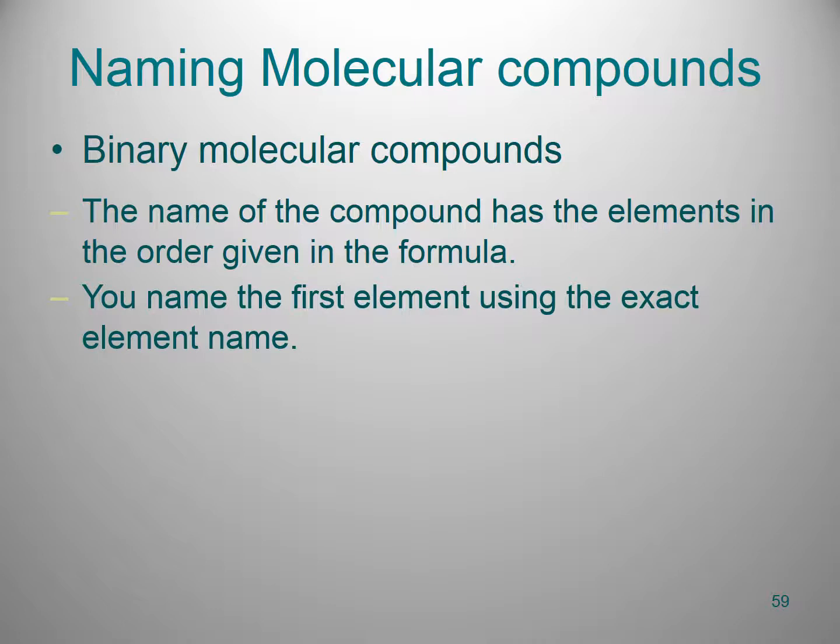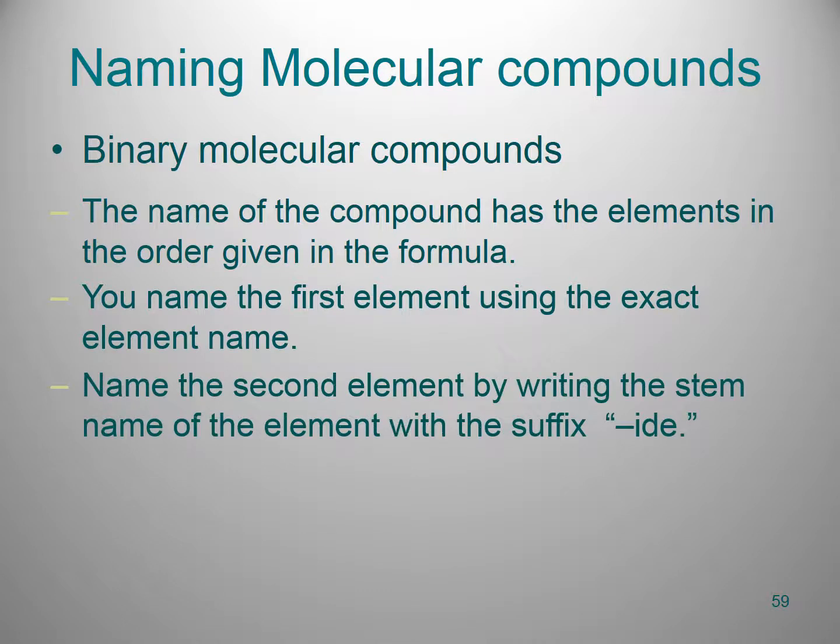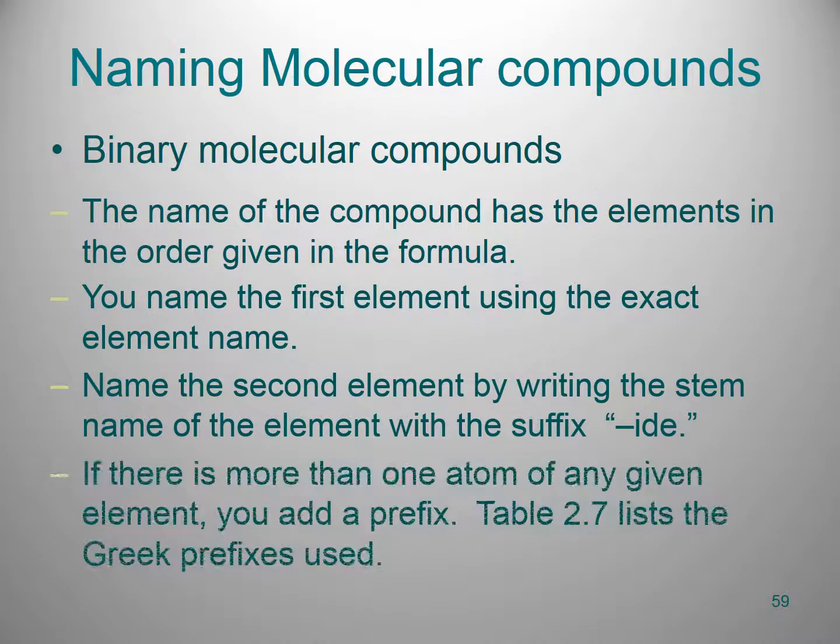So always the first one gets the exact element name, and then the second one gets changed to the IDE ending. And we're familiar with some of those as well. It just gets confusing if some of those are listed first. So just follow this rule and you'll be okay. So the second element gets the stem changed to IDE.